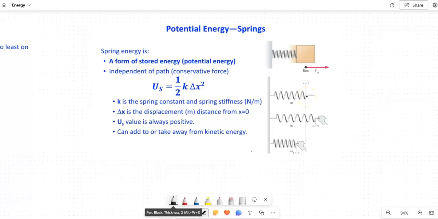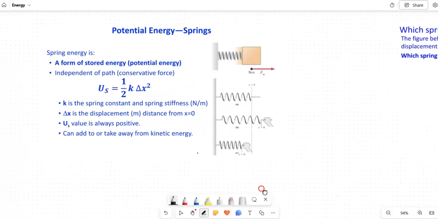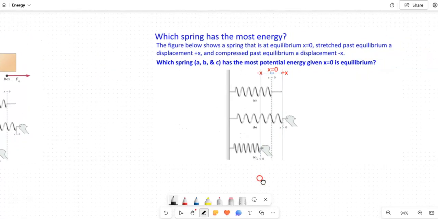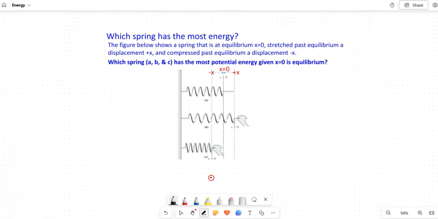So kinetic energy is high, potential energy due to a spring is low. Or potential energy due to a spring is high, kinetic energy is low. All right. Now, let's talk about these energies and build some conceptual understanding.